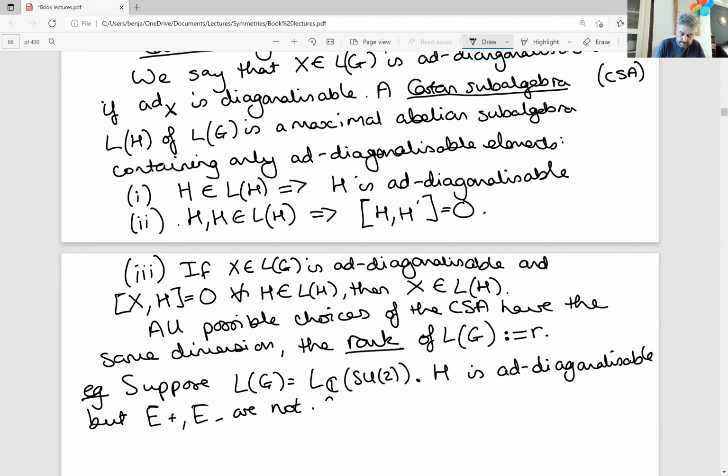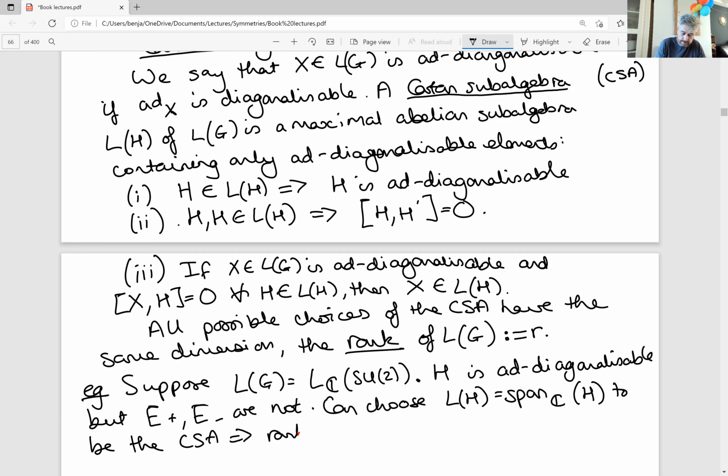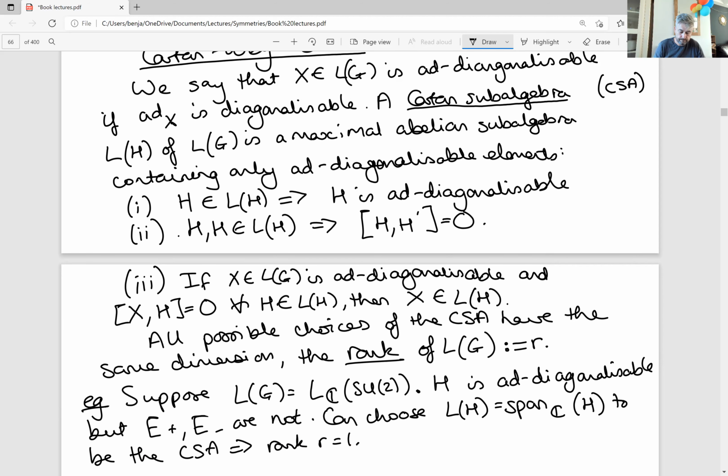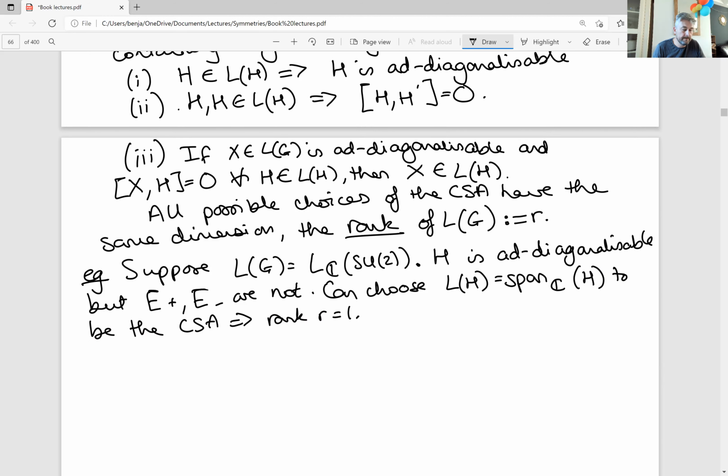So we can choose the Cartan subalgebra to be the span over the complex numbers of this H, and so the rank r is 1. More generally, if we're given a Cartan subalgebra, we can choose some basis.